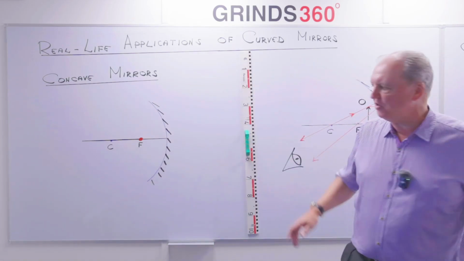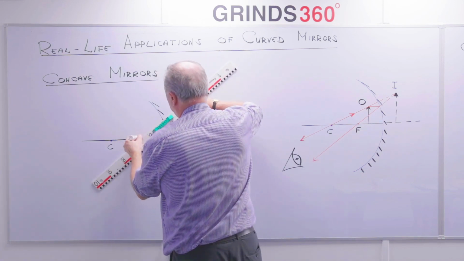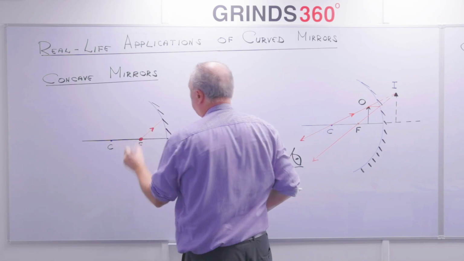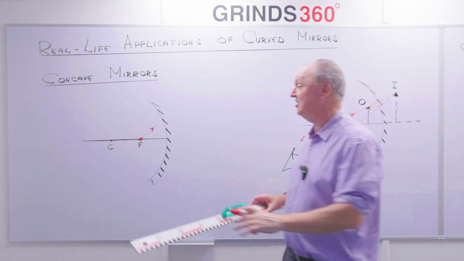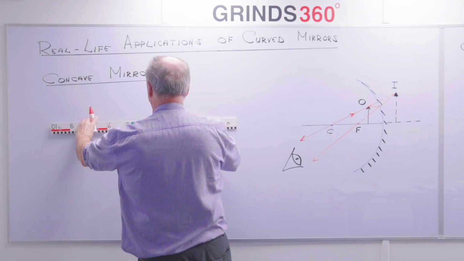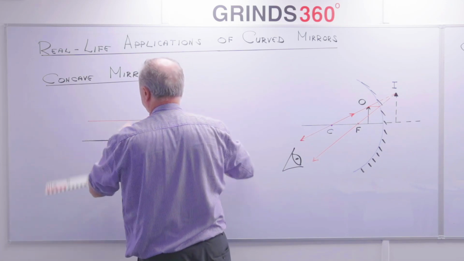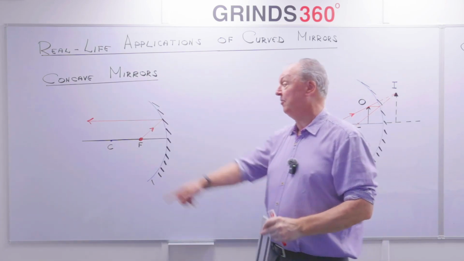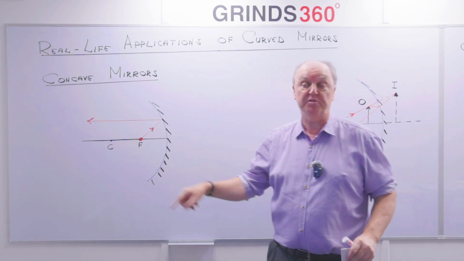Well, let's take one such ray. So here's a ray of light leaving the focus. What's going to happen to that ray of light? You've guessed it. That ray of light is going to go out parallel to the principal axis. Because the opposite is also true, isn't it? A ray of light going parallel to the principal axis will go down through the focus.